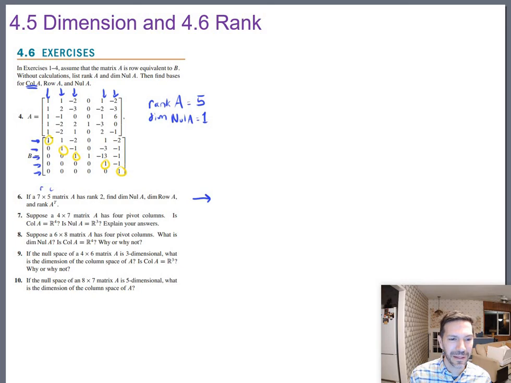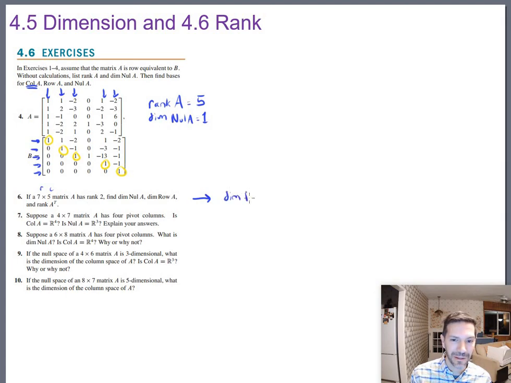So rank means that there were 2 pivots. So it has a rank of 2, so what's the dimension of the row space? Well, here, let's back up. Dimension of the null space, first of all. So if there's 2 pivots on your 7 by 5, that means there were 3 more columns that did not have pivots.